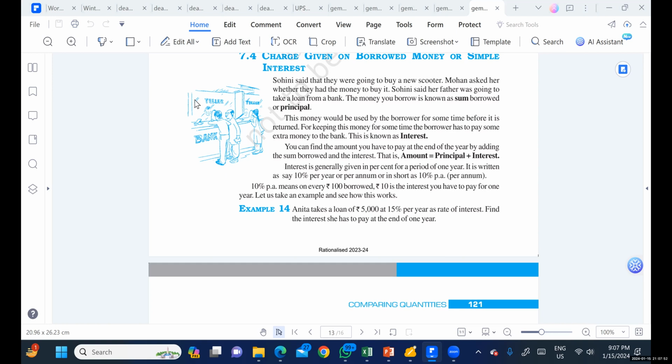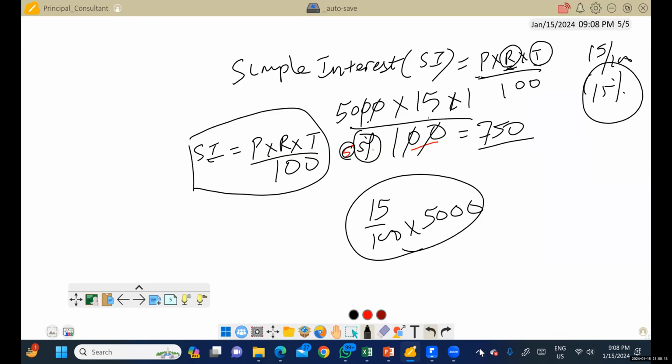Send me the photo of this. I want to see all the steps. I'm more interested in seeing the steps, and also give me 3 ways of doing it. I taught you this sum in 3 ways.